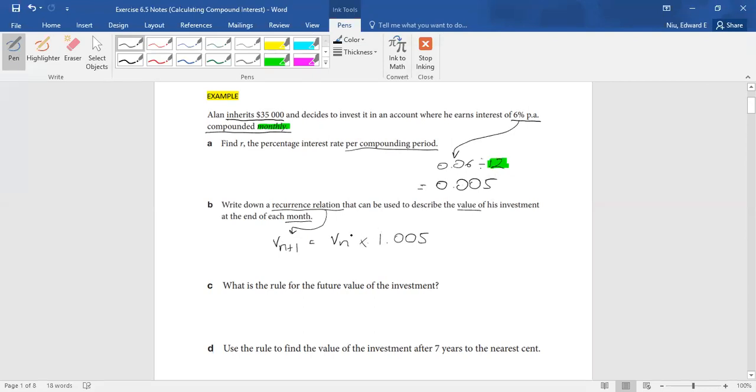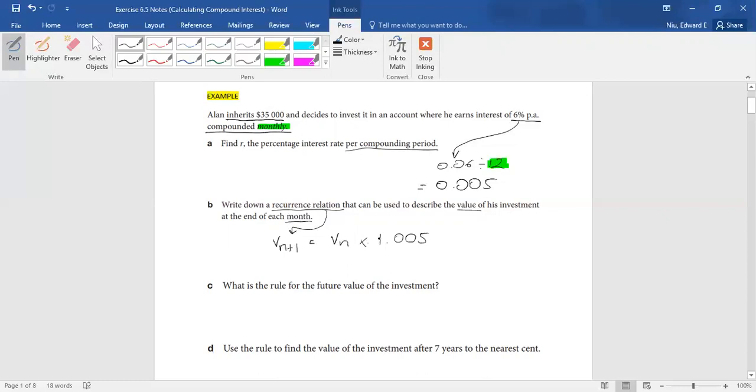The 1 takes into account the previous month's value, basically. Without that 1, we just figure out the interest value. With the 1, we can figure out what the total bank value is.